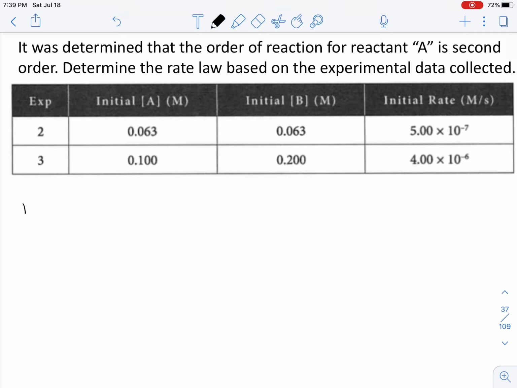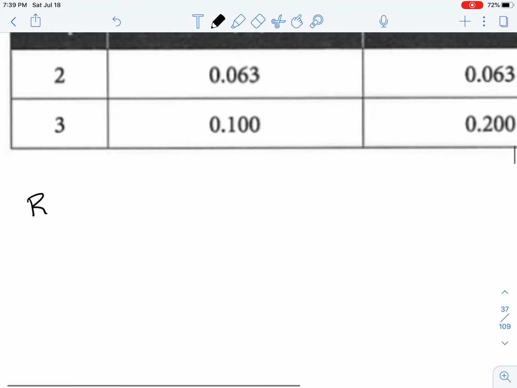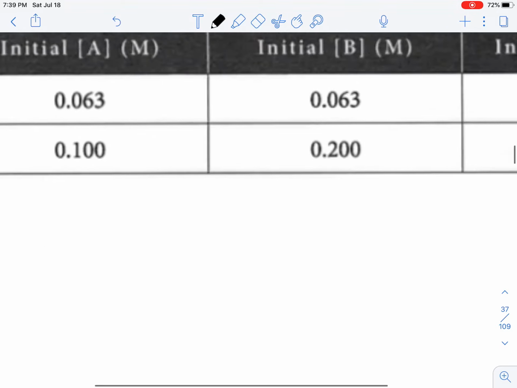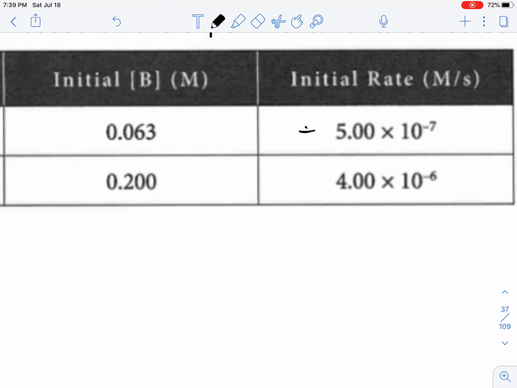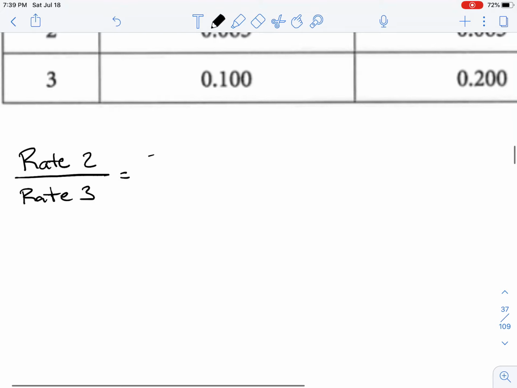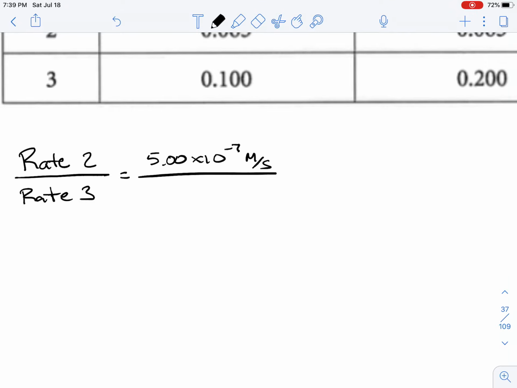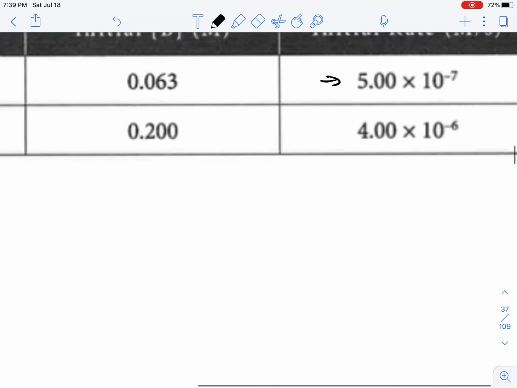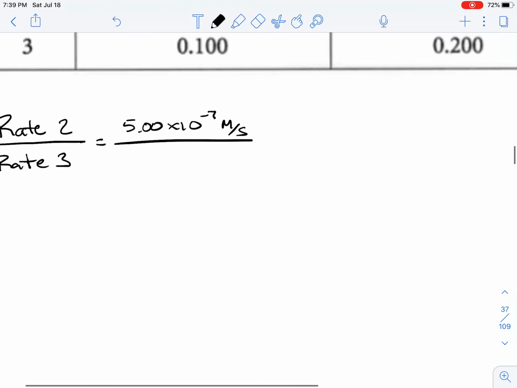So here we have the rate of reaction for experiment 2 over the rate of reaction for experiment 3 is equal to, so here we have 5.0 times 10 to the negative 7 molarity per second divided by 4.0 times 10 to the negative 6.